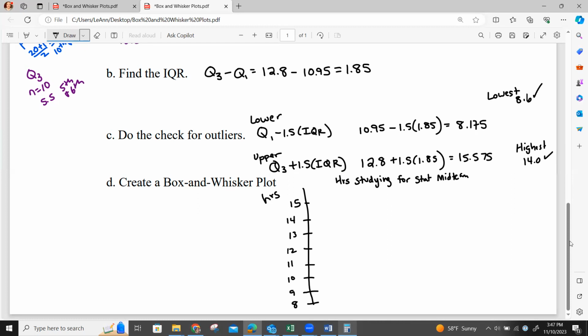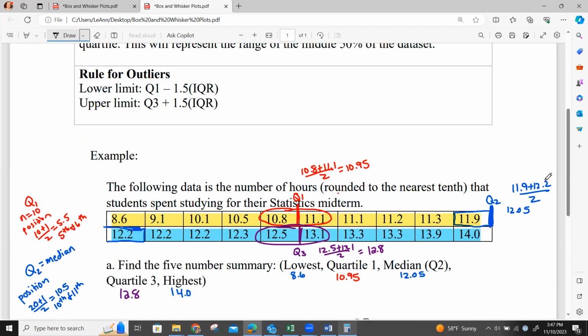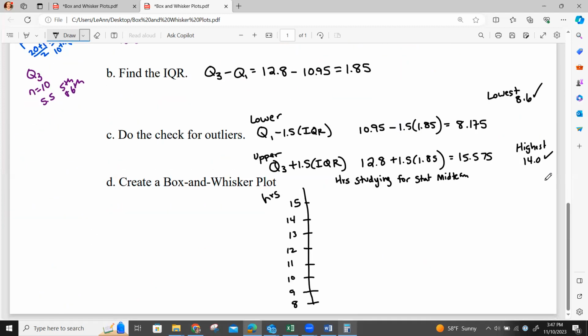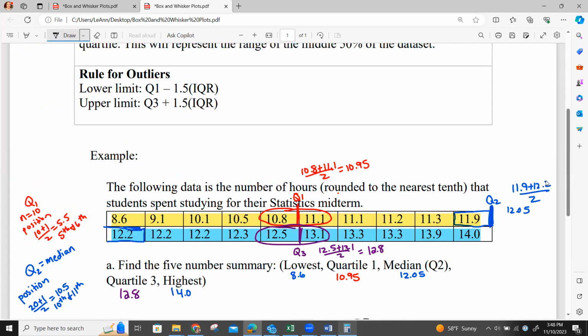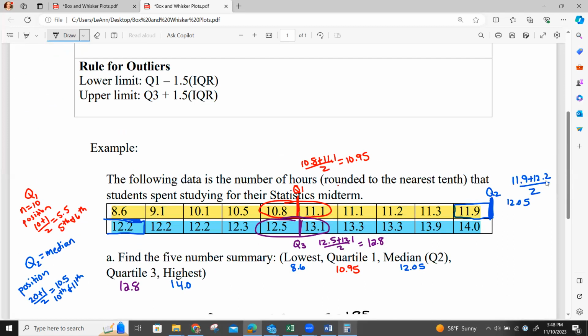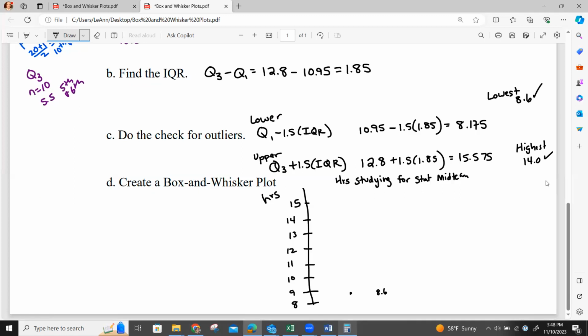And then remember, we need to put our values on the graph. So that's our 5-number summary. So 8.6 is the lowest that our whisker can get. So that's about halfway between 8 and 9. I usually do a call out of those values over here to the side. Our value for the bottom of our box was 10.95, so almost at 11.